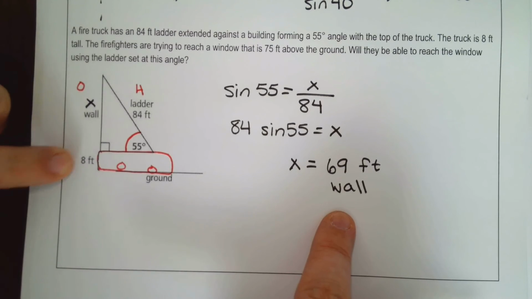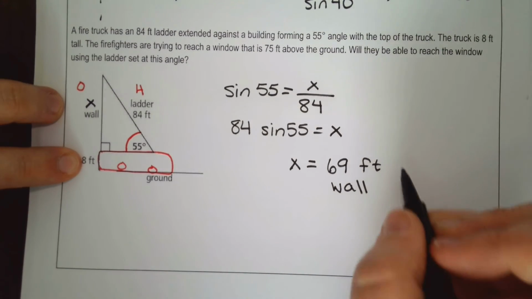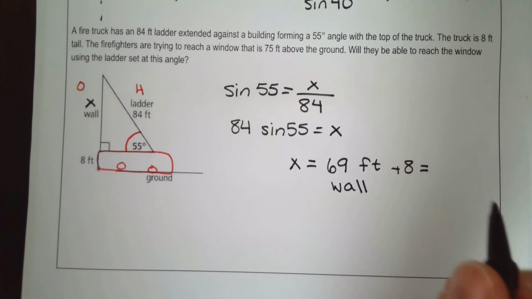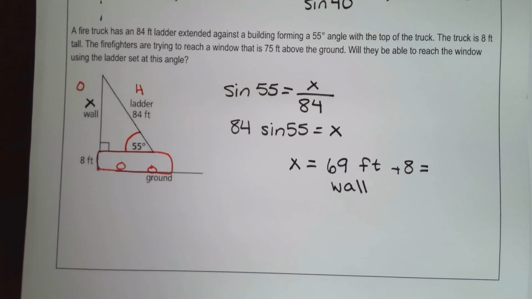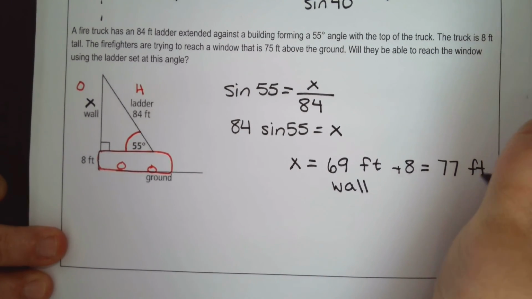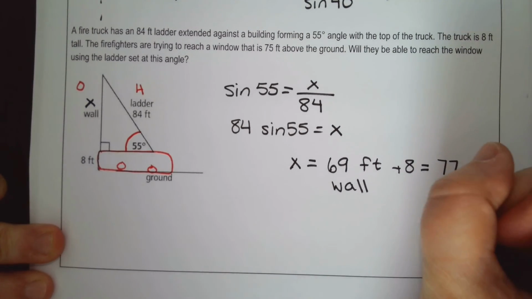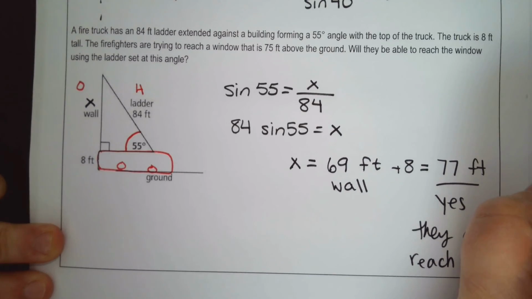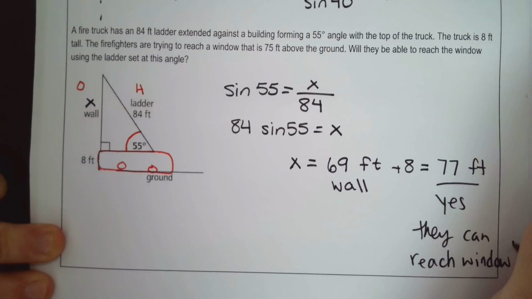So we need to now add the 8 feet and see, will this configuration hit the window? So 75, or not 75, 69 plus 8. It is 77 feet. So yes, they can reach the window.